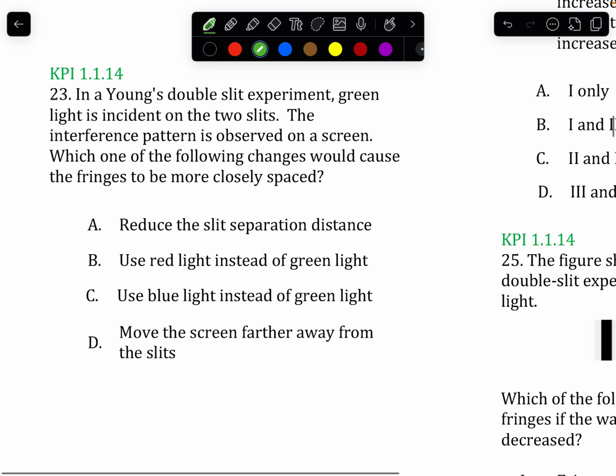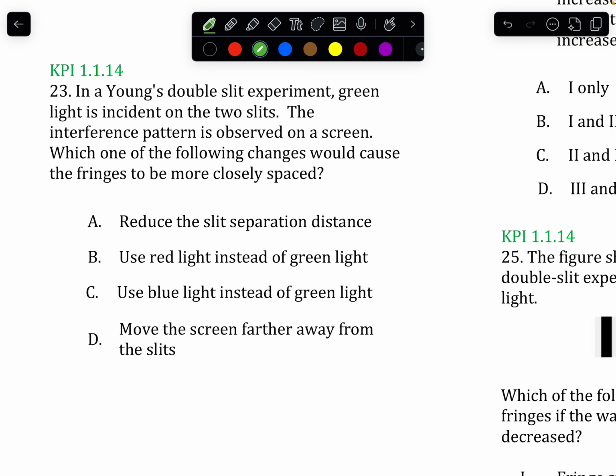Dimmer. In a Young double slit experiment, green light is incident on two slits. The interference pattern is observed on a screen. Which one of the following changes causes the fringes to be more closely spaced? So I was using green.